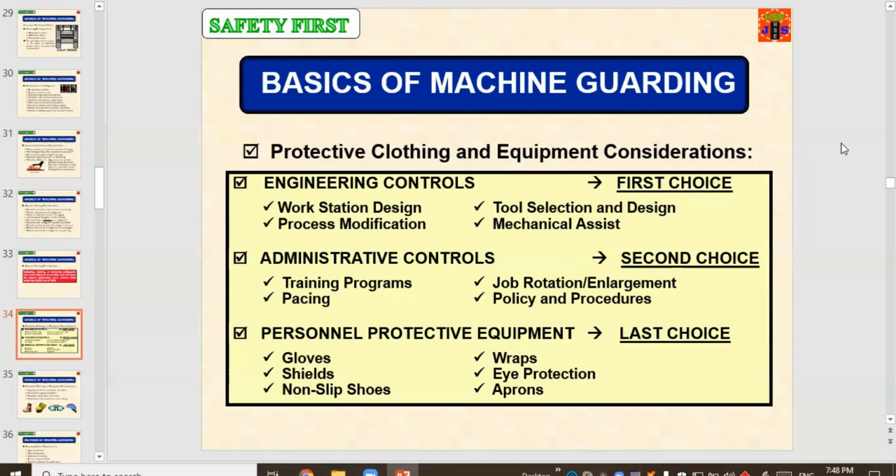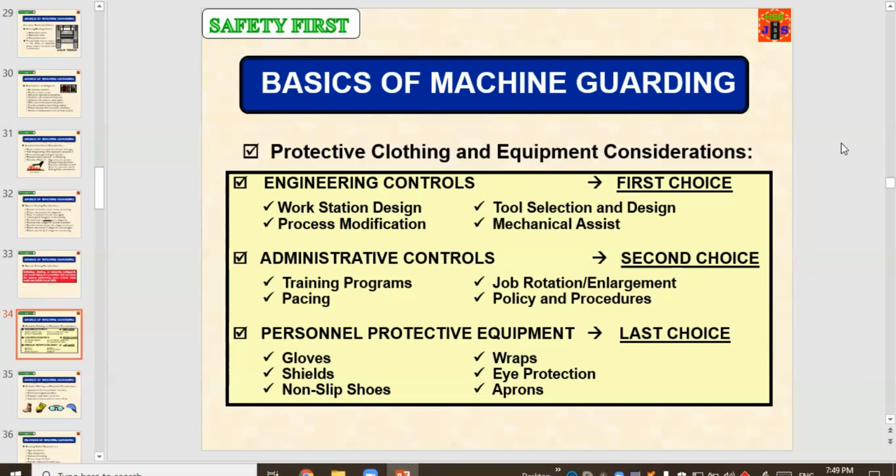Dear friends and fellows, let us discuss the control strategy. Number one, engineering controls. Number two, administrative controls. And number three, personal protective equipment. Engineering controls might include workstation design, process modification, tool selection and design, and mechanical assistance.